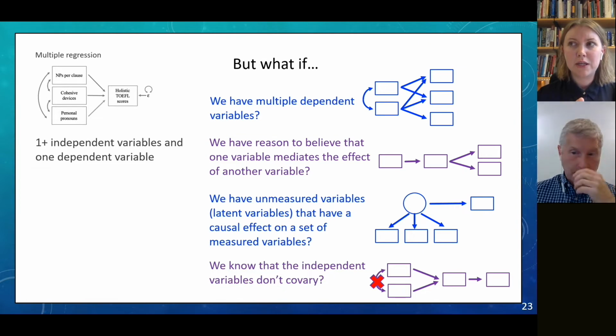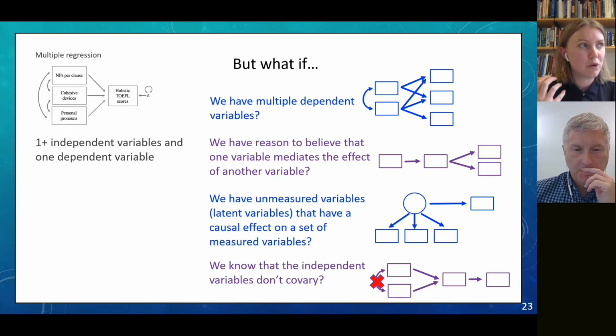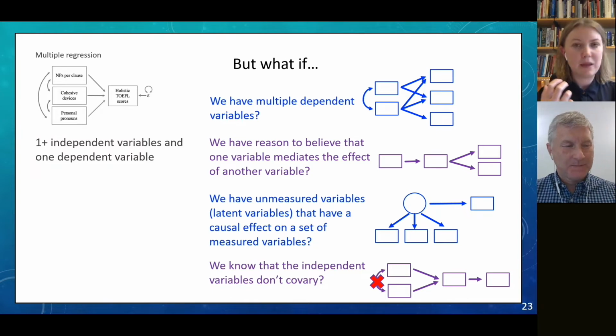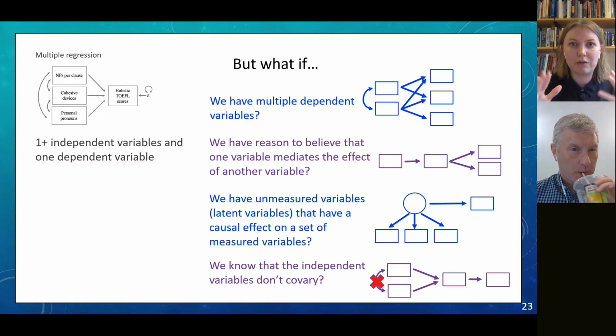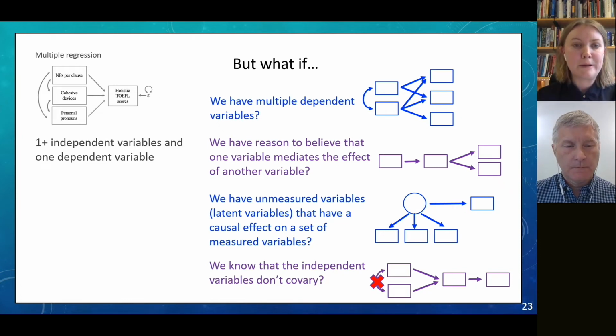So that's not particularly flexible, right? I think we're so used to seeing the structure that we don't even think about it. We just design our studies so that we'll only have one dependent variable, and then we have some independent variables, and then we run it, and then we're good.